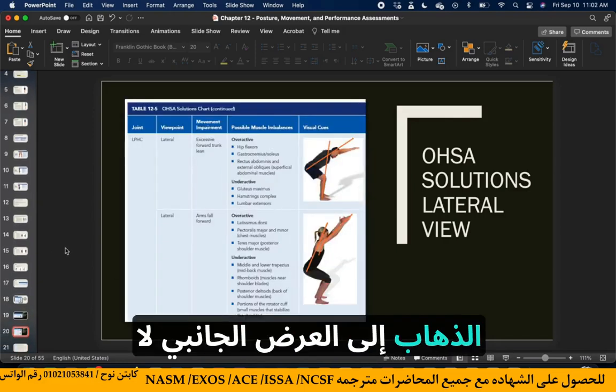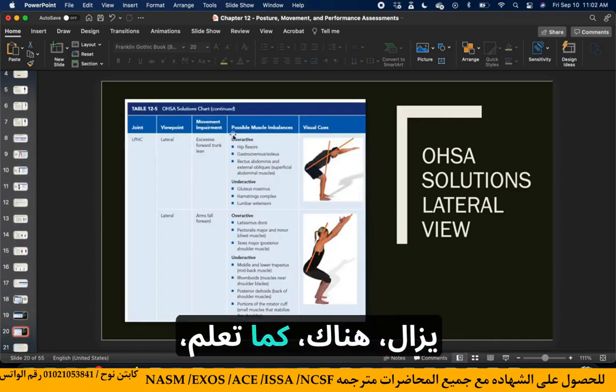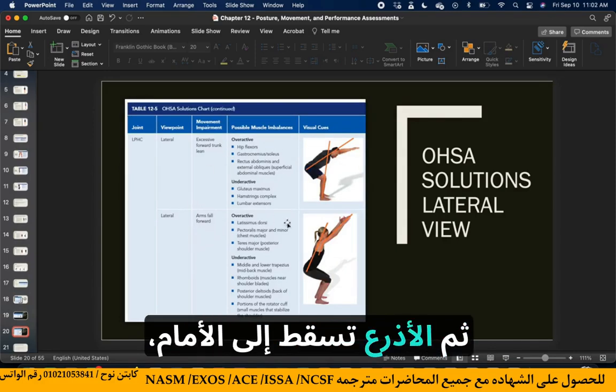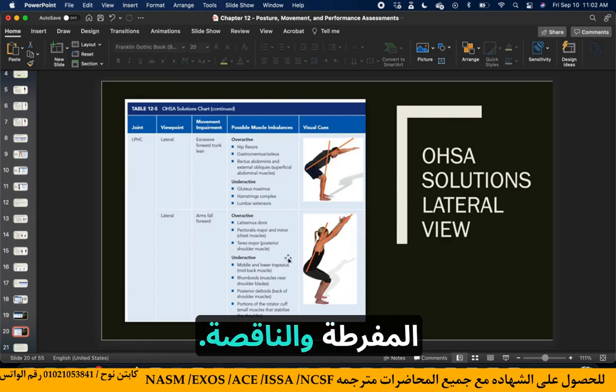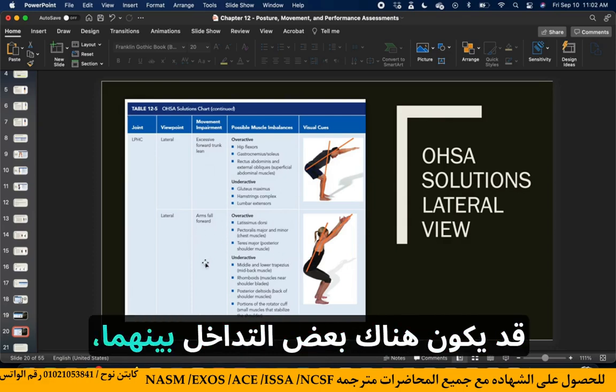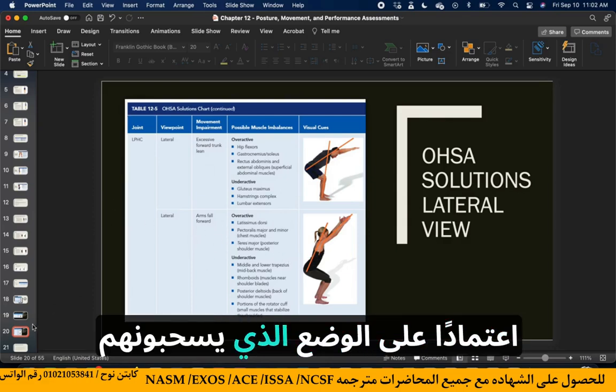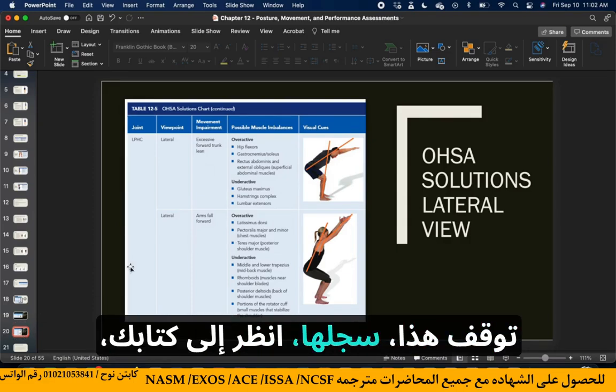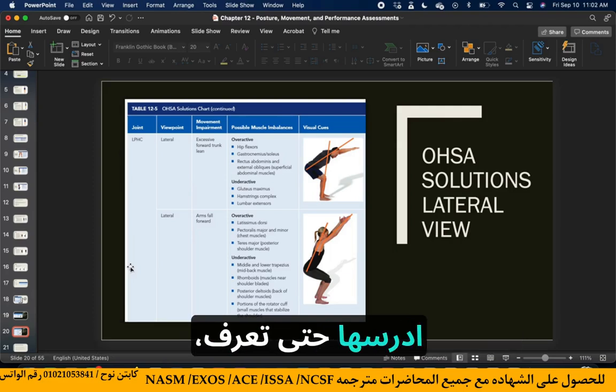And then, going to that lateral view still, there's the excessive forward trunk lean, and then arms falling forward, your overs and your unders. There might be some carryover between them, depending upon what position they're pulling them through. So again, pause this, mark them down, look at your book, study them so that you know for a test what your under and overactives are.